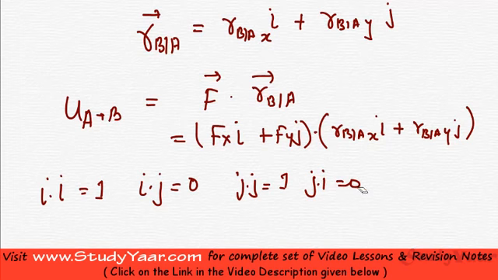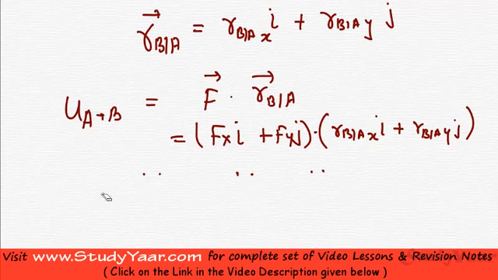So what we get is, let me just get rid of all these things. If I multiply this with this, it is i dot j, so this product becomes 0. Then this and this is 1, and this product becomes 0.